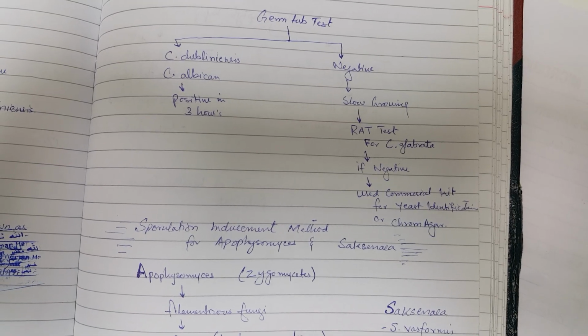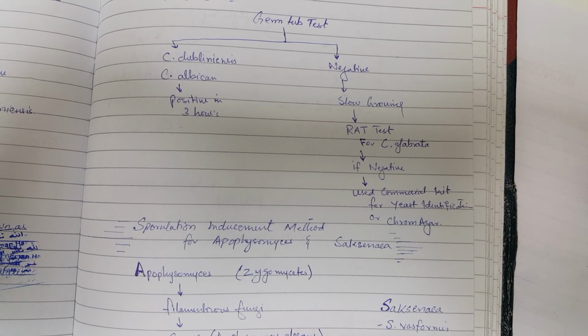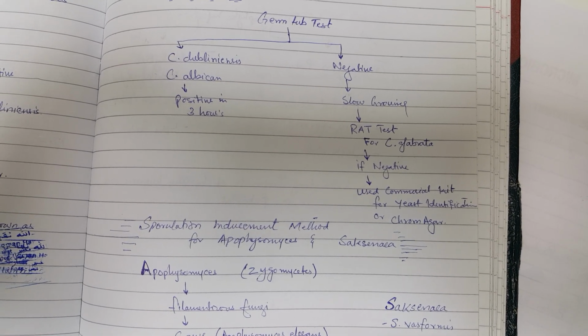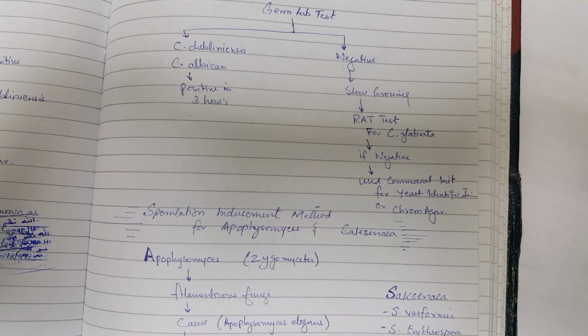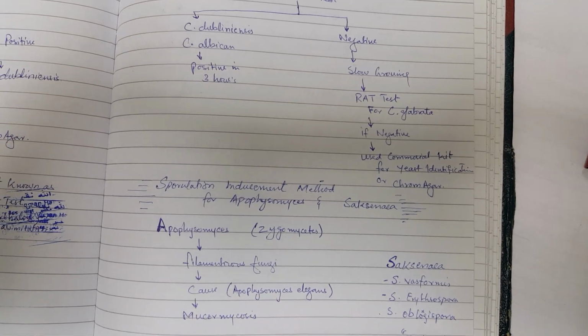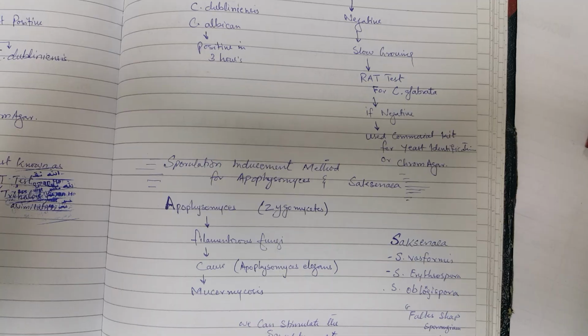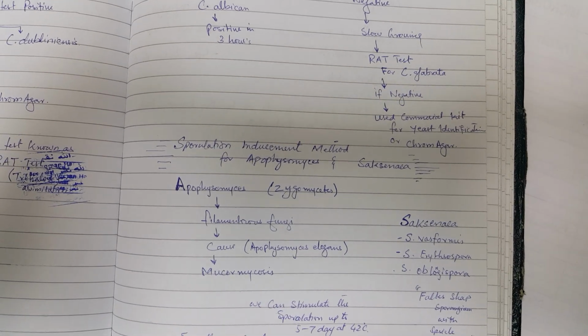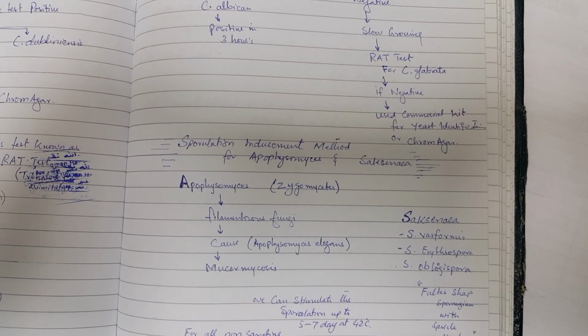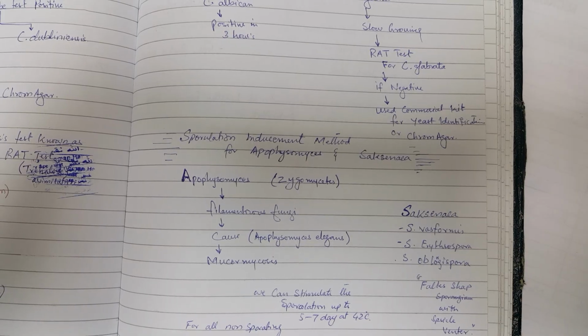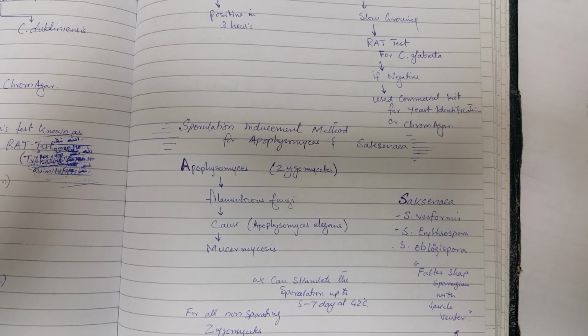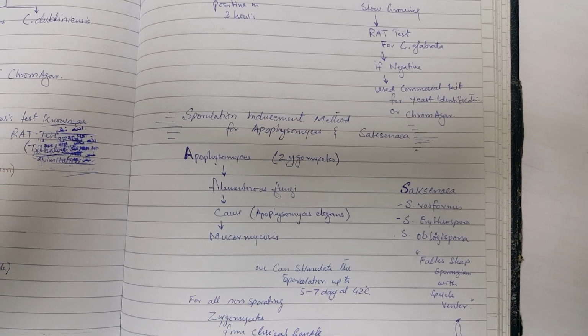Sporulation inducement method is used for Apophysomyces and Saksenaea species, which are zygomycetes. Apophysomyces elegans are filamentous fungi that cause mucormycosis, and Saksenaea are also zygomycetes, but with flask-shaped sporangium with a spherical venter.